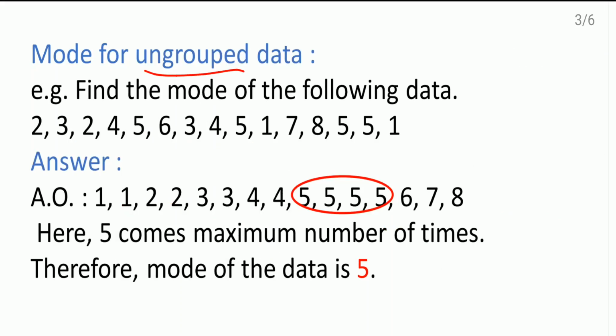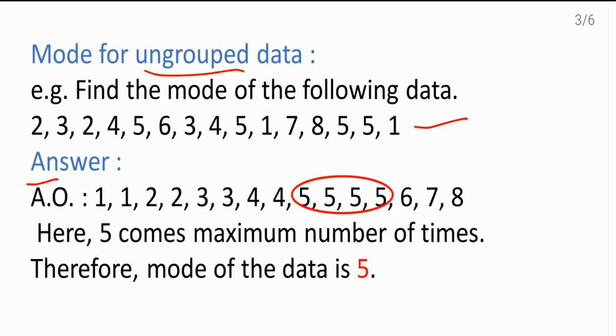Here, how to find the mode for ungrouped data. For example, find the mode of the following data. The data is given randomly, not grouped, just raw data. So whenever they give us raw data, first write down the data in ascending order.